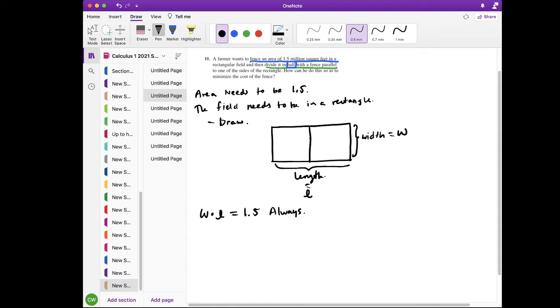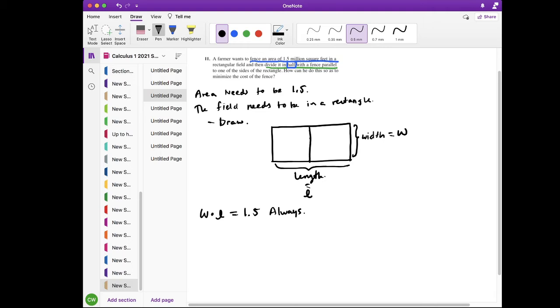Okay, so what are we trying to do? We're trying to minimize the cost of the fence. So we can just speak like normal. What would it take to minimize the cost of the fence? In other words, you want to buy the least amount of fencing, right?